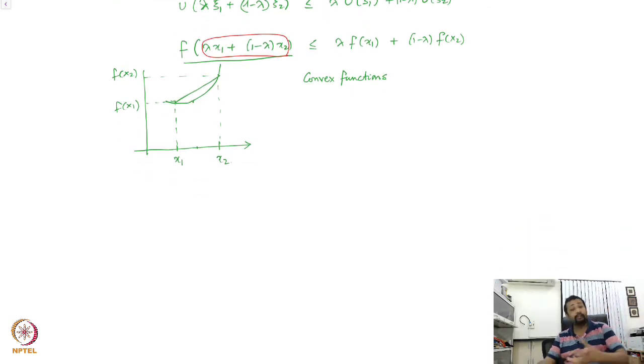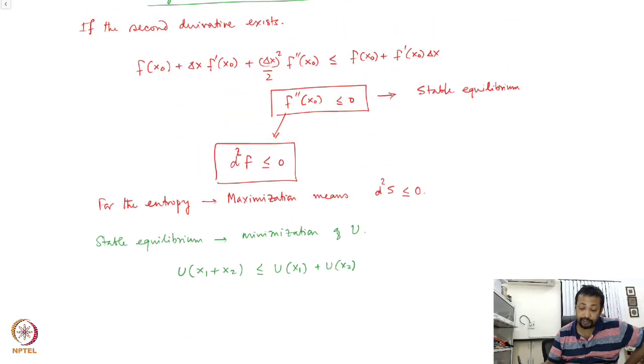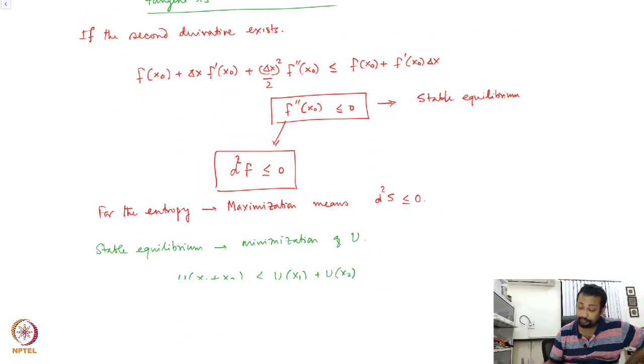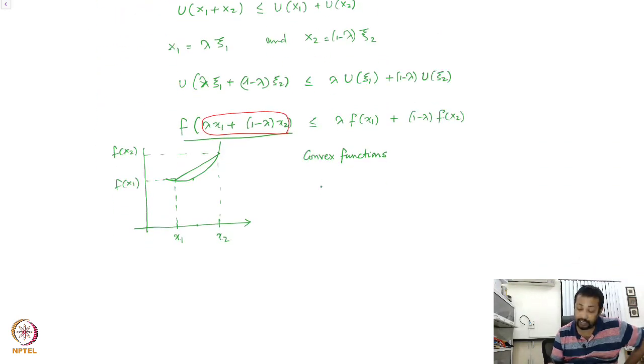Now this definition, the way we have written it down, does not take into account the differentiability of the curve. And if we have to look at the differentiability of the curve, we have to follow the same route that we have done over here, and you will see that this would come out to be d2u is greater than equal to 0.